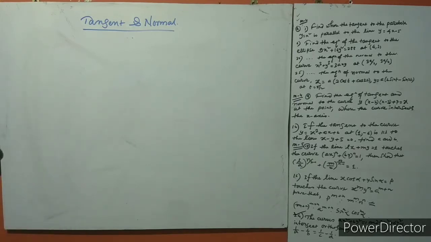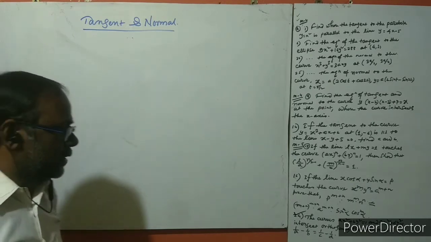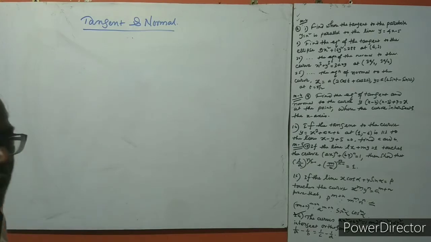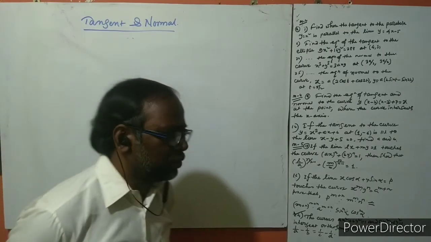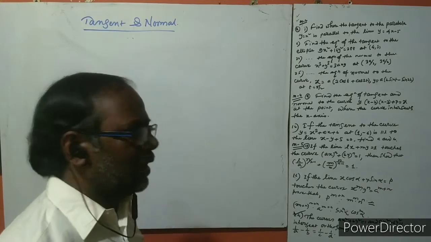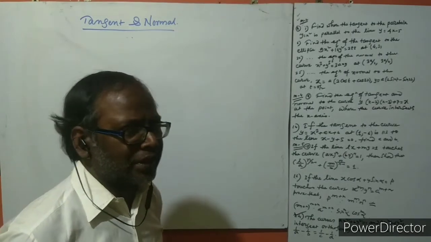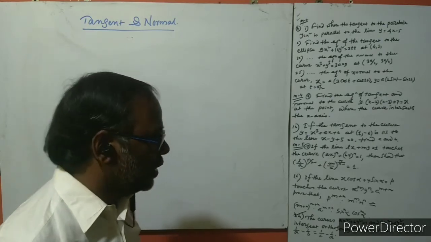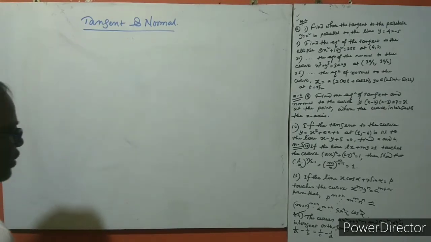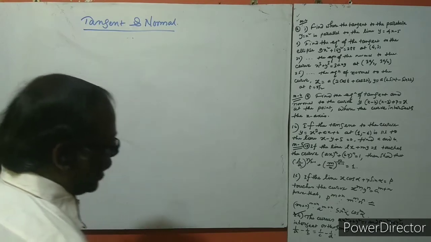So what is the meaning of cutting orthogonally, students? That means where the two curves intersect at that point, the angle between the two tangents is 90 degrees. That's why when two curves cut orthogonally, it means the tangents make an angle of 90 degrees.